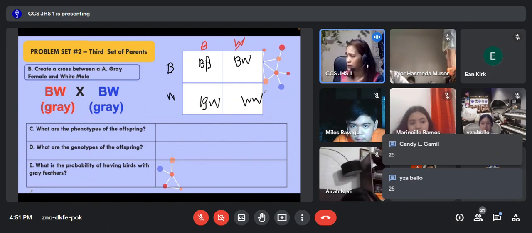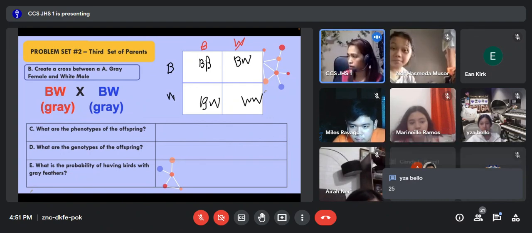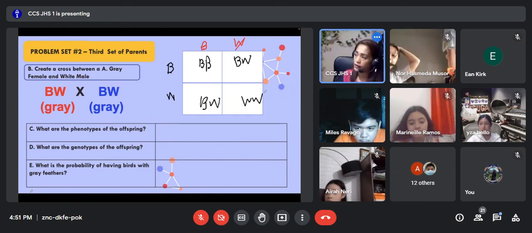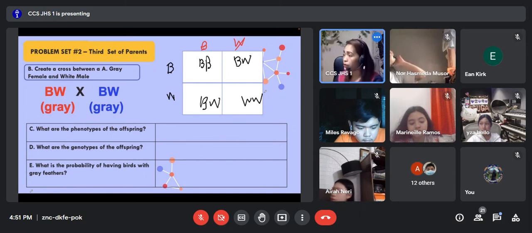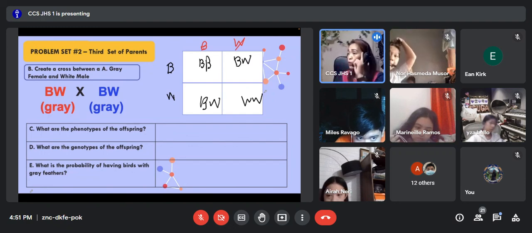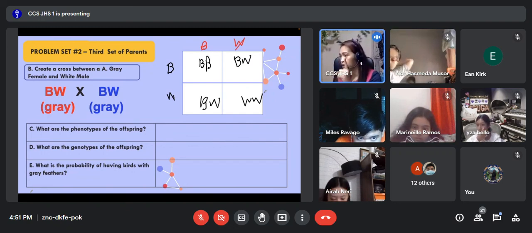Okay, so that means it really matters what the given set of parents is, because it will actually dictate or limit the possibilities or the possible combinations for the offspring. But of course, we're only talking about one characteristic here.